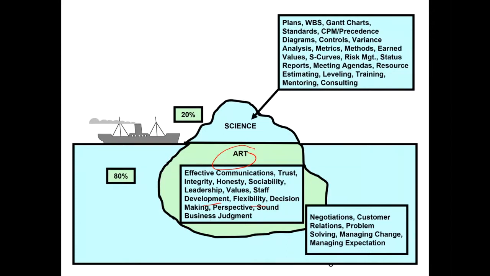To a certain extent, we can say that it's a bit of a politician's job, keeping everyone on track, communicating with everyone, keeping everyone happy, integrating them. So it involves a lot of soft skills, things like negotiations, customer relations, problem-solving skills, managing change, and managing expectations.